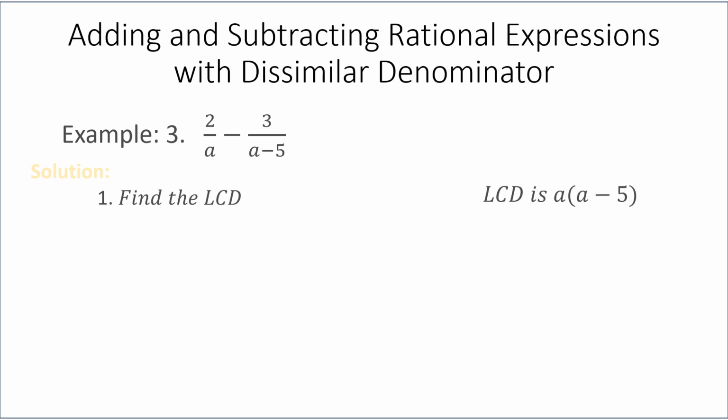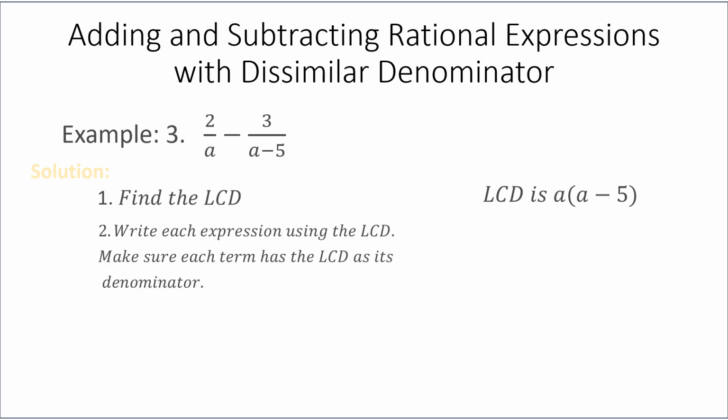We will not simplify yet by distributing a into a minus 5, so that it is easier when we get to simplify our expressions. Then we write each expression using the LCD by multiplying the expression with the denominator of the other expression.